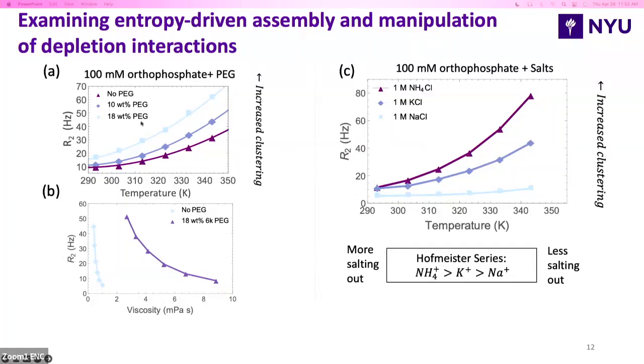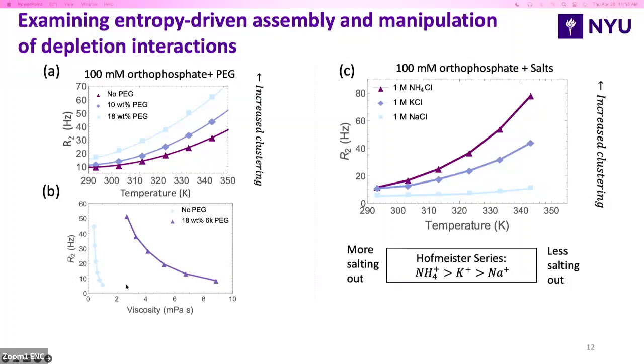The results here show the overall R2 rates increase with the increasing PEG concentration. And the observation is consistent with the interpretation that PEG facilitates the dehydration of phosphate and subsequent clustering, if we consider the line browning as a proxy of the dehydration-induced clustering.